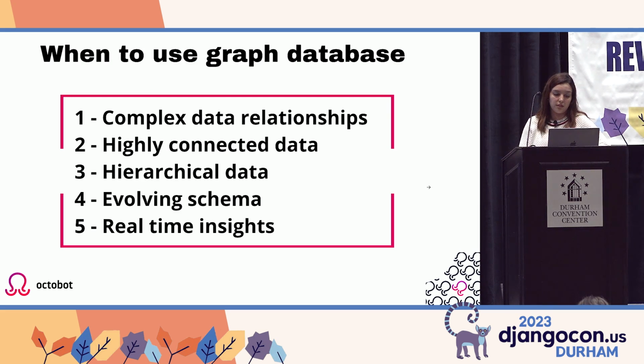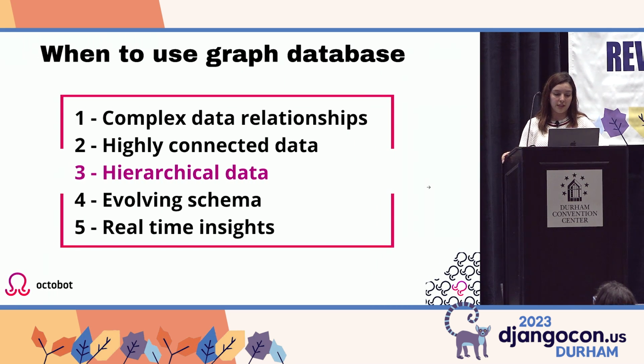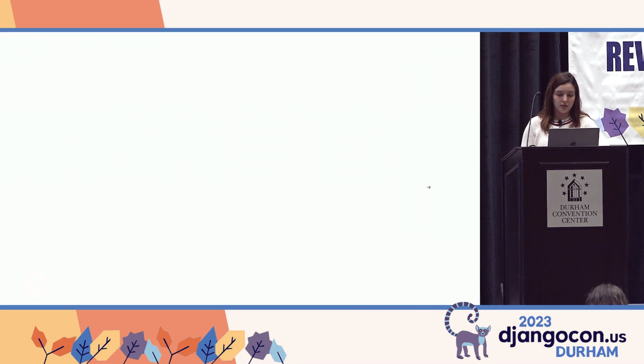A graph database is quite interesting for that because it's not so fixed. And then real-time insights. An example of this could be a recommendation system or fraud payment prevention. About complex data relationships, I'm going to bring an example of this later. And for hierarchical data, I bring a small example.